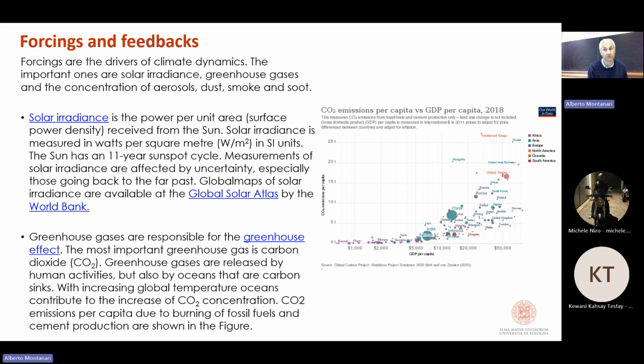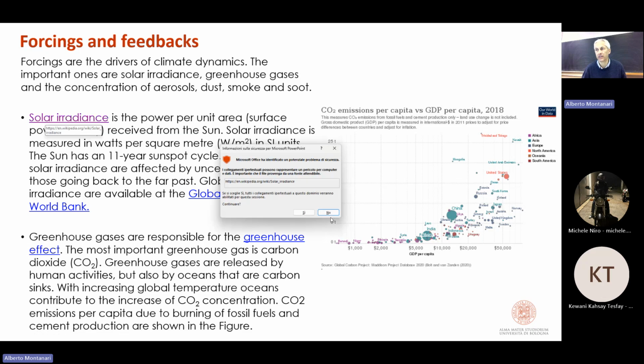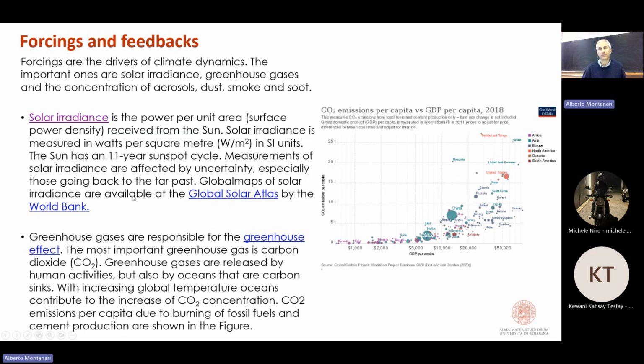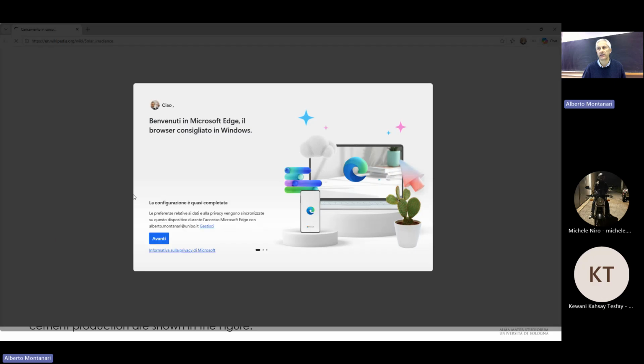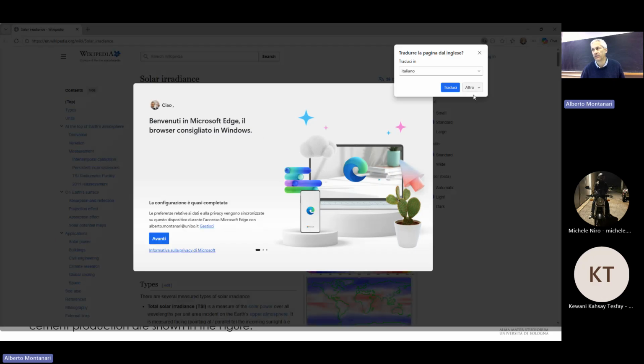If you are interested, global maps of solar irradiance are available at the Global Solar Atlas by the World Bank. I'll click on this link in a second. Let's look at the Wikipedia link describing solar irradiance, because I hope that we can find the value here. You don't need to memorize the value.